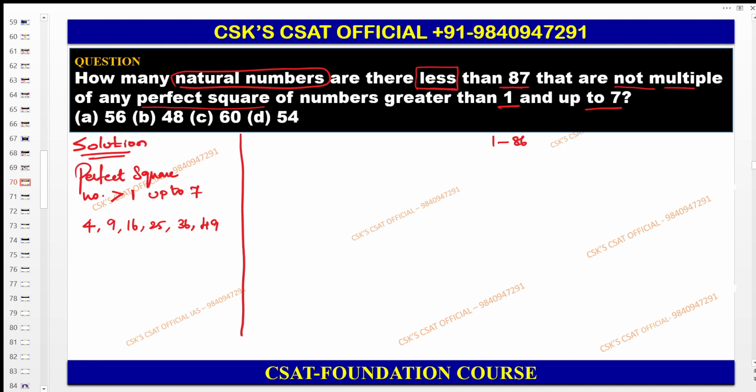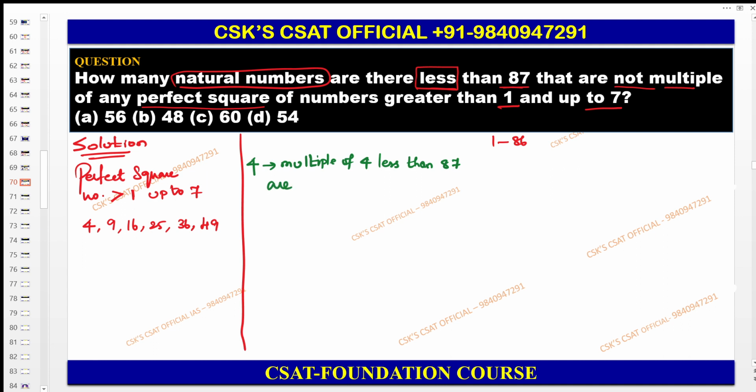Right. Now, listen very carefully. Now, let me find out with respect to the 4, which means the multiple of 4 less than 87.